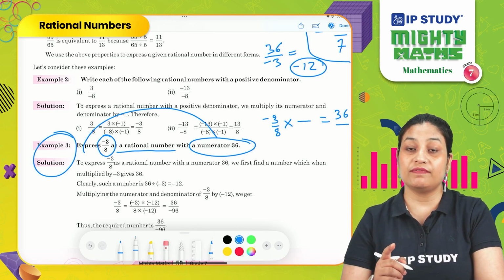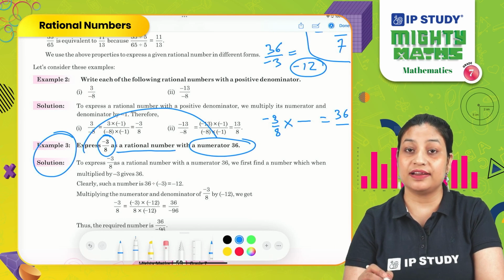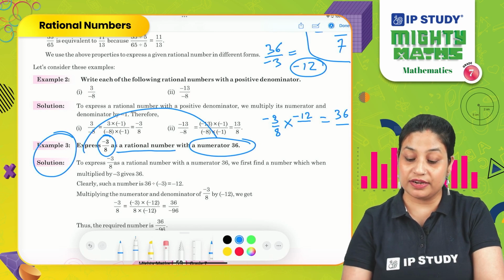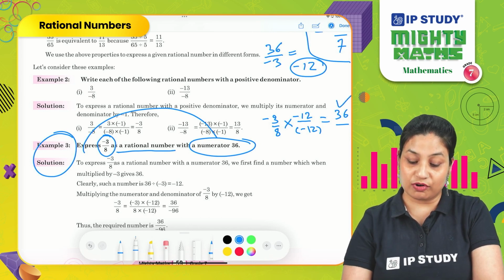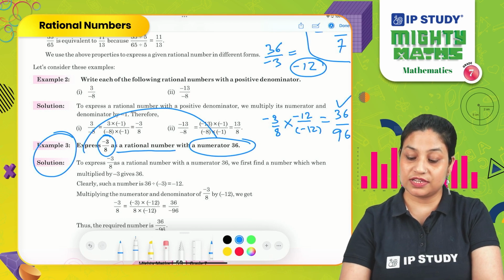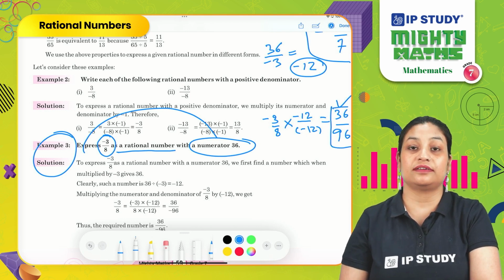So here we will multiply minus 3 with minus 12, as well as we will multiply the denominator, that is 8, with minus 12, which will give you 36 as the numerator. And what will be your denominator? This will become 96, right?